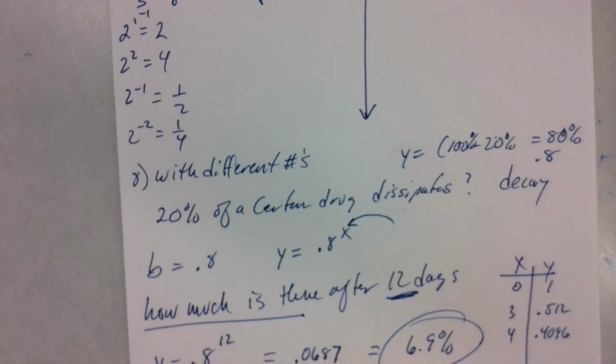So if it said it grew by 25%, what would it be? 0.75. No, if it grew by 25%, it would be 1.25, right? If it doubled every day, then it would be 2. You see what I'm saying? So when it's decay, you subtract it, you find the difference. Exactly. When it's growth, you add it. Exactly. Okay?